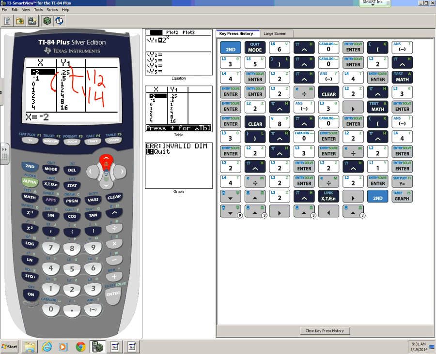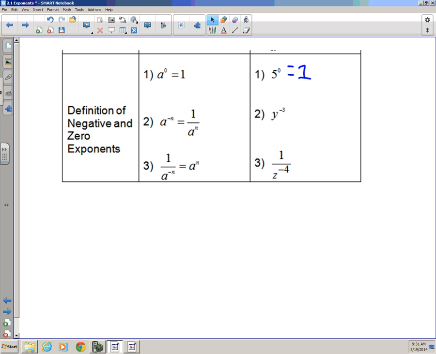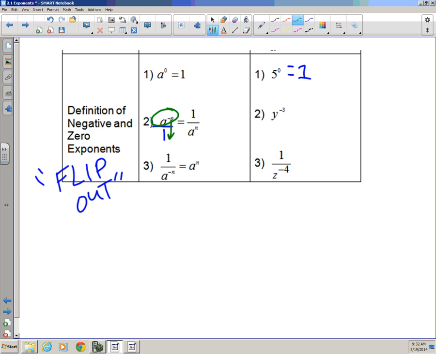So let's go back. It's a little easier to see here. When there are negative exponents, the way to make the negative exponent positive is to flip its position, to actually find the reciprocal. So if I've got a to the negative n, I take my exponent that's negative, with my base, and flip it to the bottom since it's on the top.